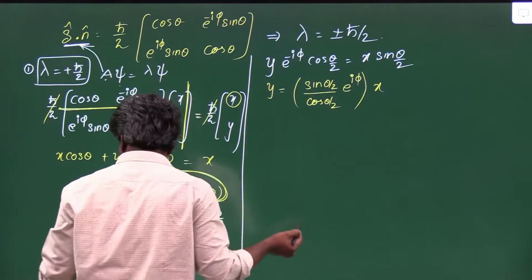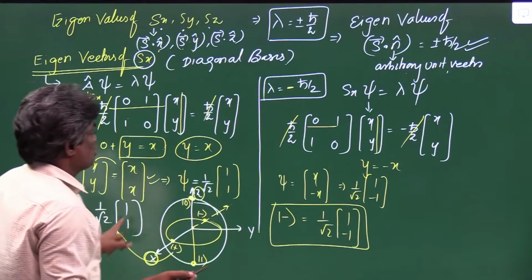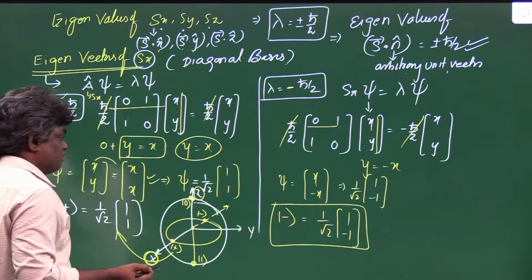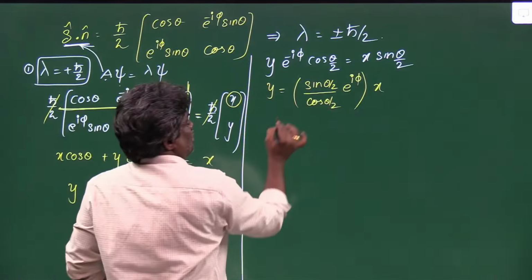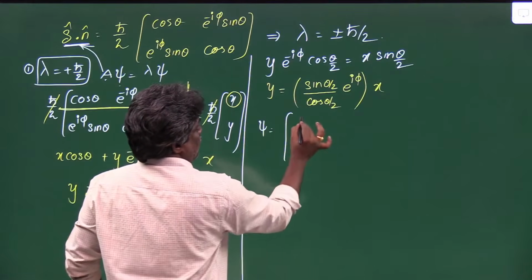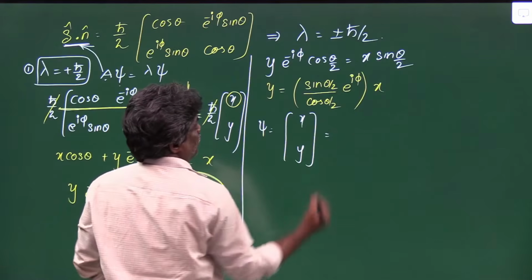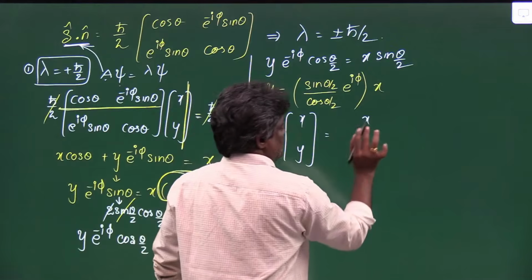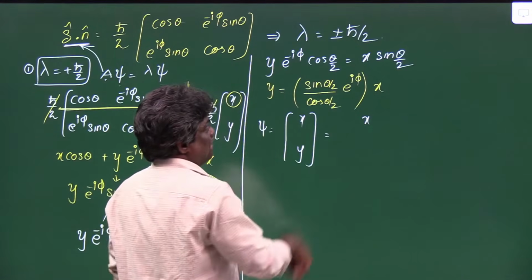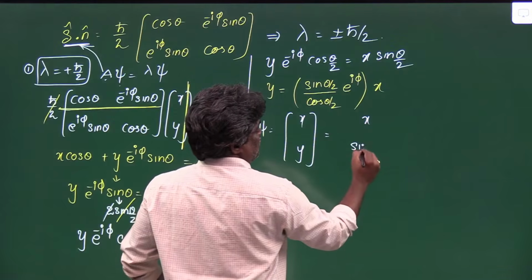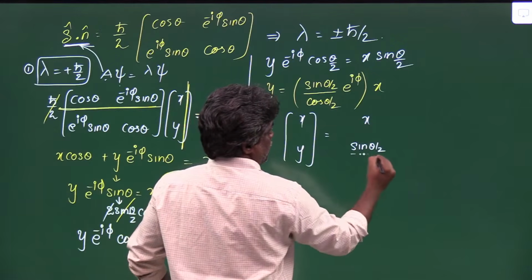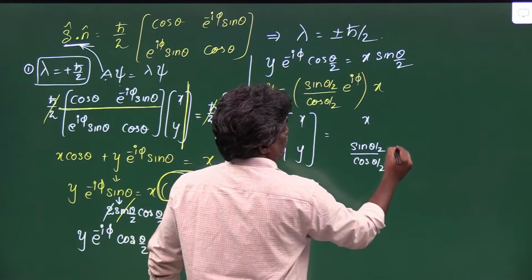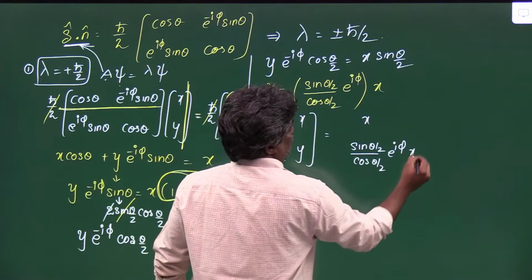Earlier also, once we got the y value, we wrote the vectors, the eigenvector. Now, what is my eigenvector? x, y. X I will keep as it is, and I will write my y: sin theta by 2 by cos theta by 2 e raised to i phi into x.